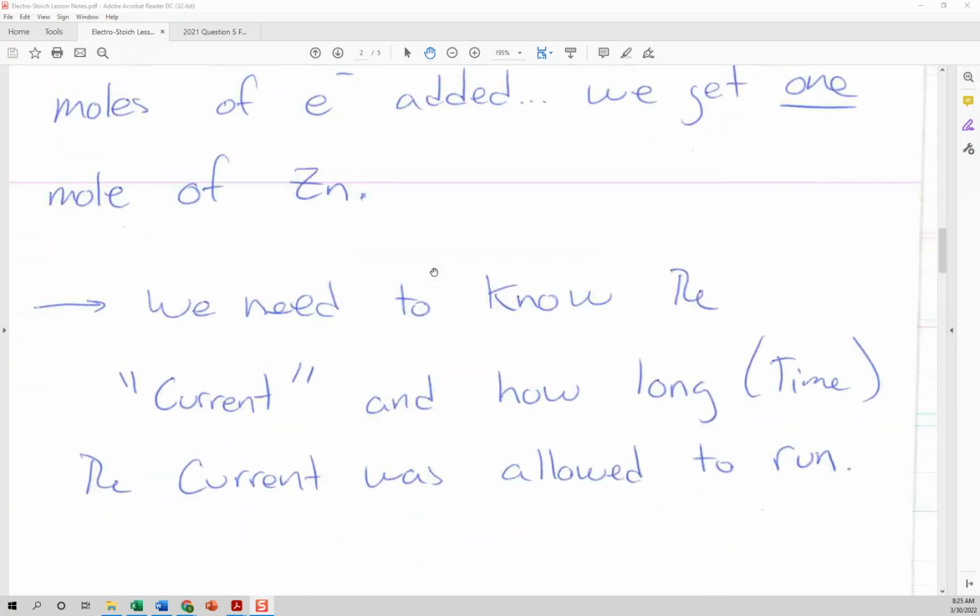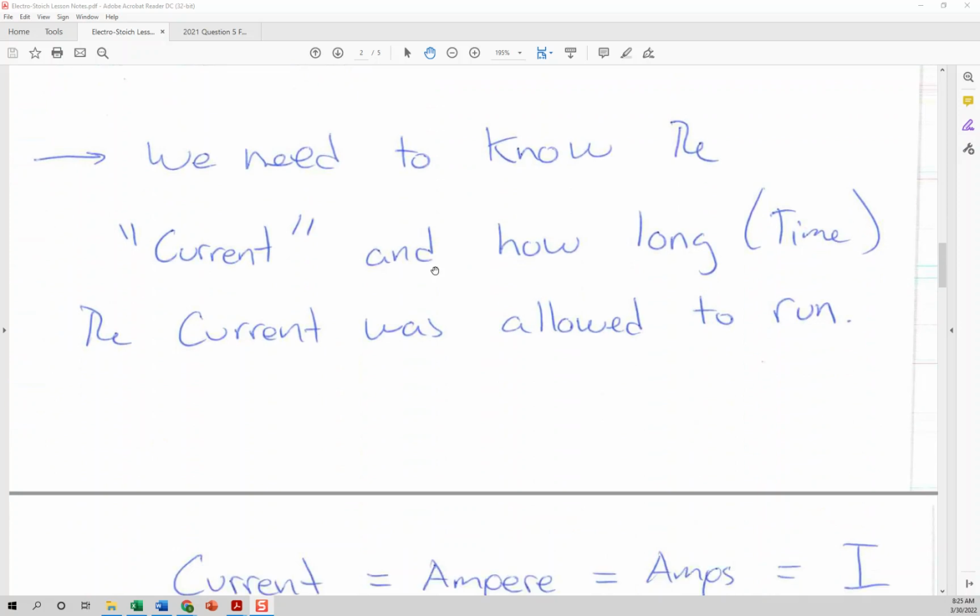To figure out how many electrons we added to the solution, we need to know the current of the electricity we added, which is measured in what we call amps. If we know the current and the time we allowed the current to run, then we can figure out charge, and then moles of electrons. So I'm going to show you how.